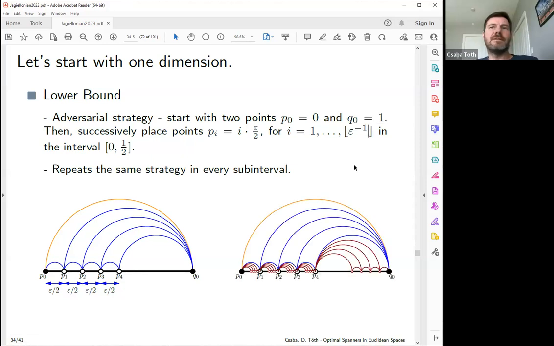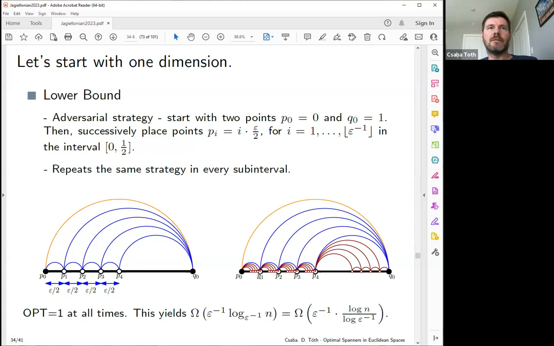But then the adversary can repeat the same strategy in each of these arcs. And this is the lower bound we get for fixed epsilon, and n goes to infinity.